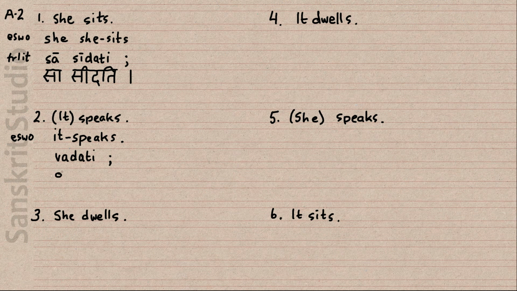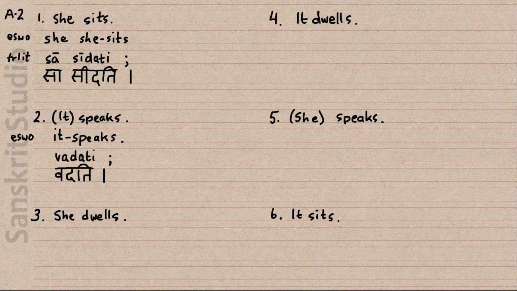So then we do our va, da, ti there. Maybe we can spell that out more explicitly, so if you're new to the Devanagari script, then that might be helpful. Now let's go on to number 3 then.